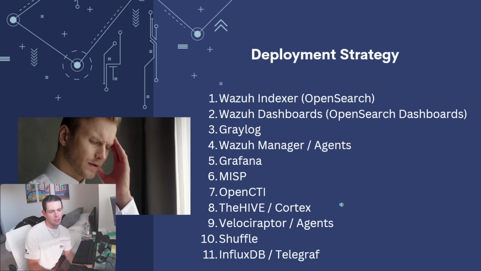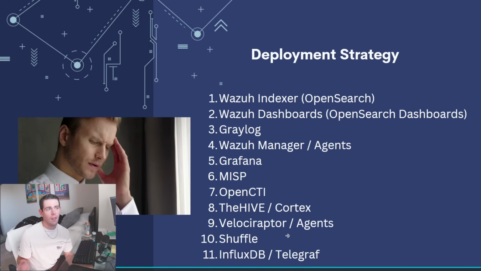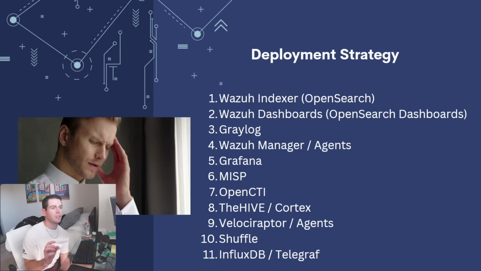We will then get to Shuffle to bring all this stuff together. And then we will hit on our health monitoring. And that will involve InfluxDB, which is the backend storage, but you can take advantage of an agent called Telegraf. So this will be an agent that sits on all of our endpoints that monitors the system metrics, such as the CPU, memory, disk, etc.